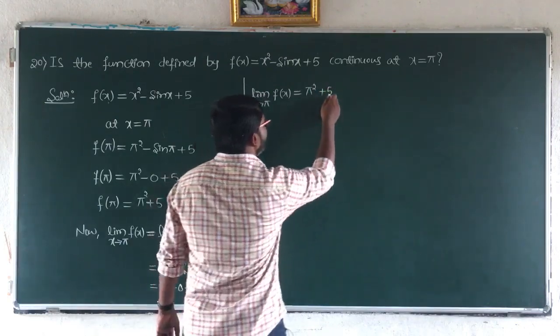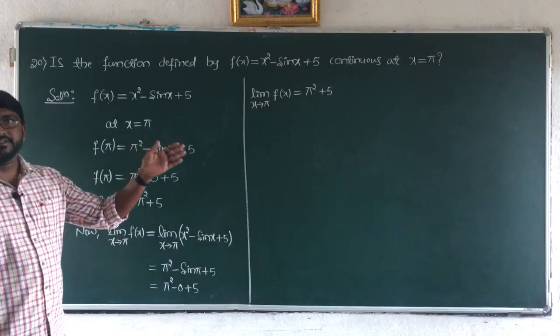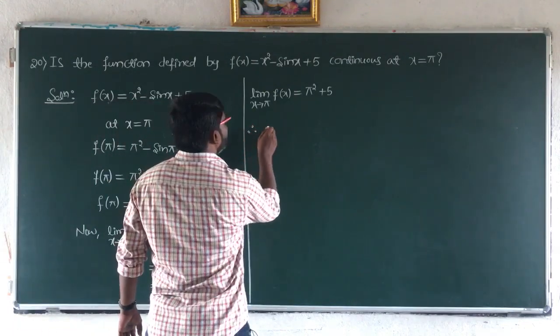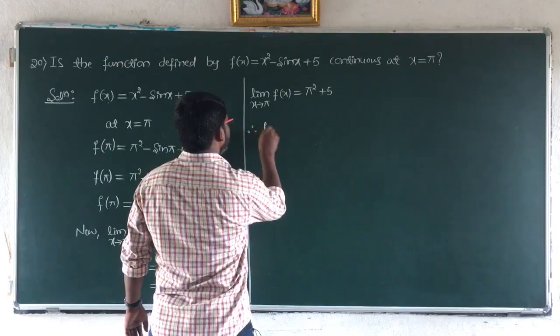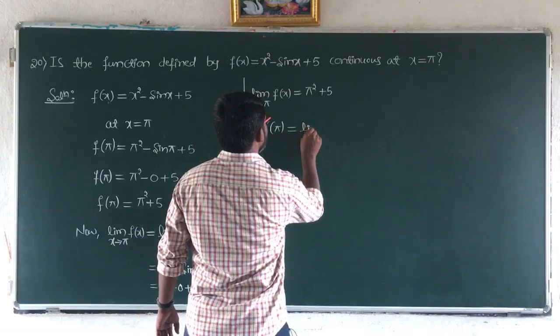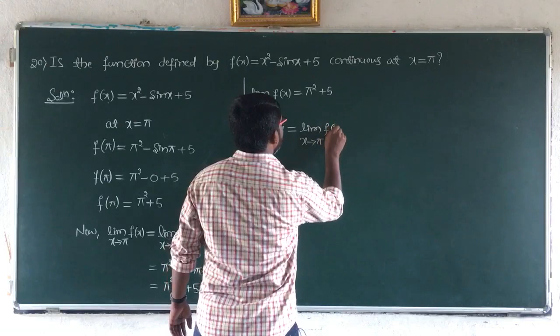So now compare this with the value of the function, both are equal, therefore the function is continuous at x equal to pi. So therefore f of pi is equal to limit x tends to pi f of x.